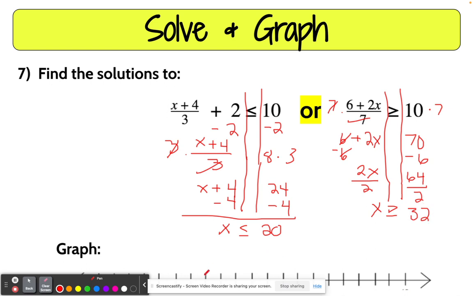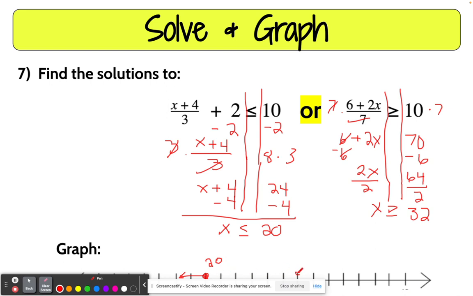So at 20, I'm going to have a closed circle. And less than or equal to is going to go to the left. Let's see what I'm going to count by. 20, 22, 24, 26, 28, 30, 32.